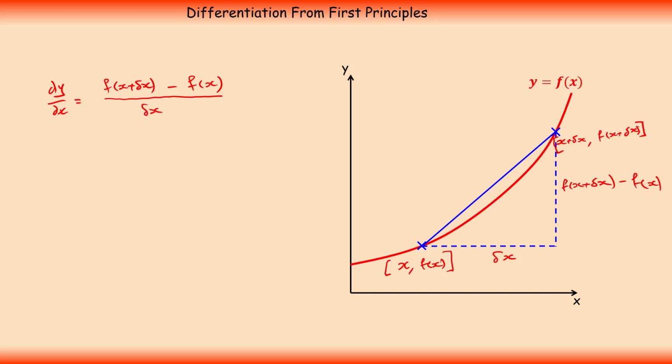Now those are 2 points on the graph. In order to find the gradient at a point on the graph, we have to go to the limit as delta x tends to 0. So we write dy over dx is equal to the limit as delta x tends to 0, so a very, very tiny portion of the curve, of f of x plus delta x minus f of x, all divided by delta x.